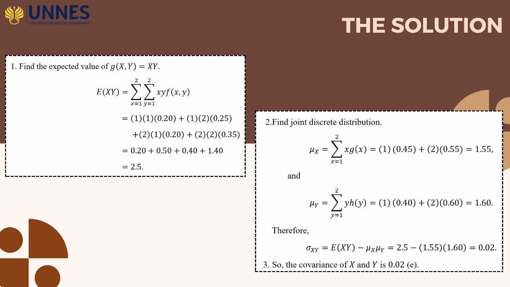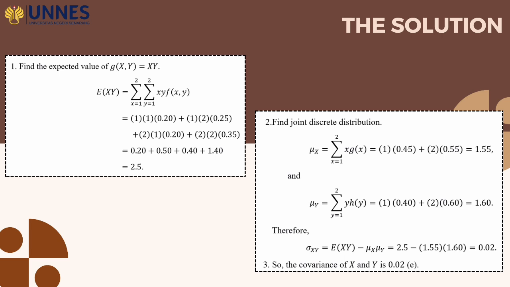And mu y equal sum y equal 1 until 2 of y h(y) equal 1 times 0.40 plus 2 times 0.60 equal 1.60.